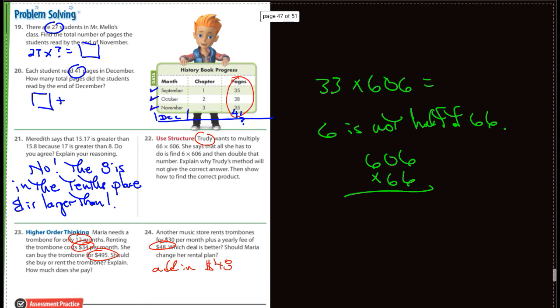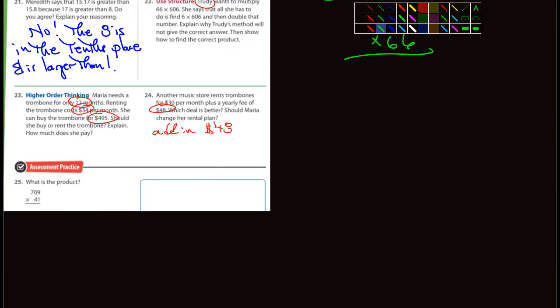23 there. Let's see here. 23, Maria needs a trombone. Renting the trombone costs $12 a month. For 34 months, and she can buy the trombone for $495. Should she buy or rent?